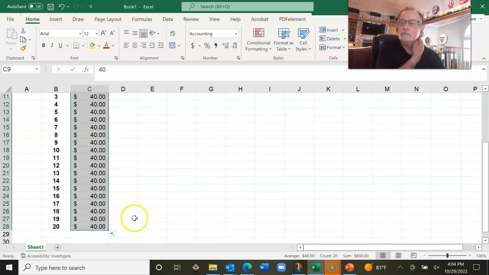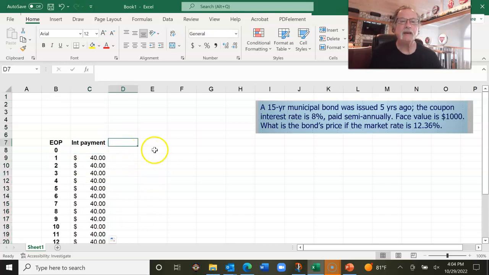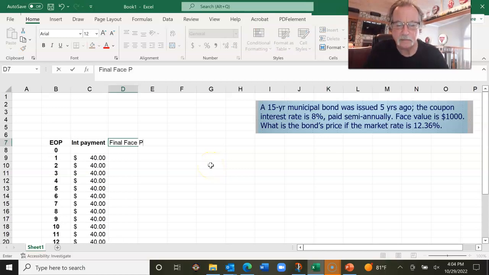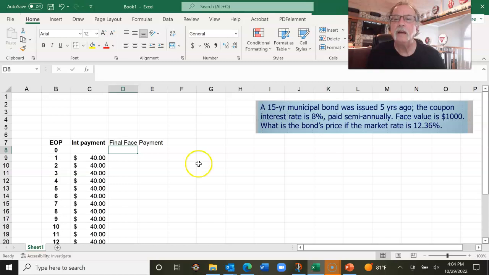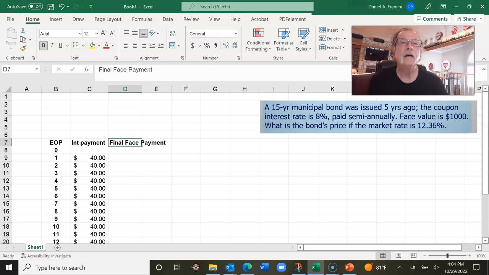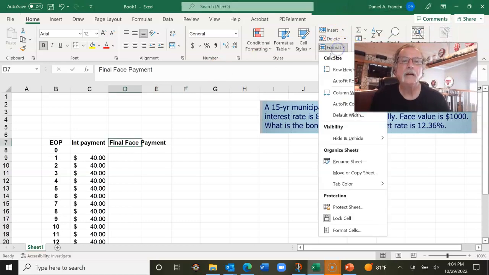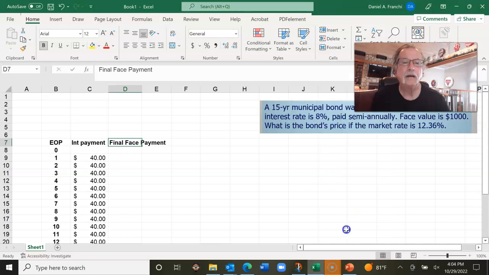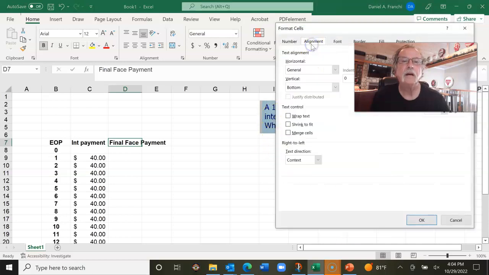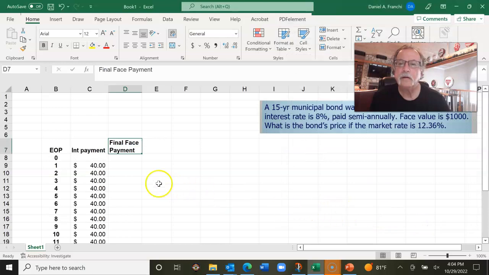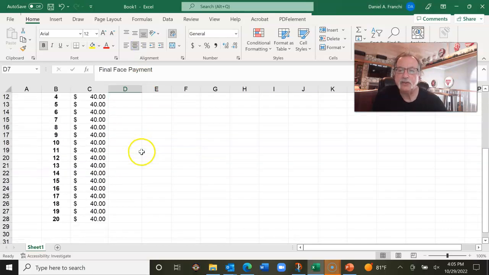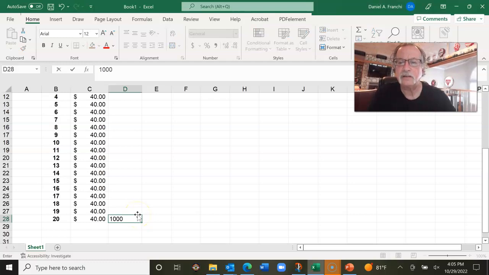And then we're going to have the final payment, the final face payment. That's going to be on the last coupon date, 10 years from now, when we're going to receive $1,000.